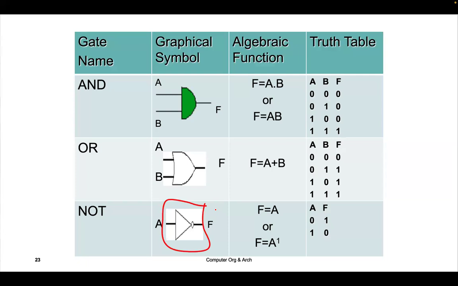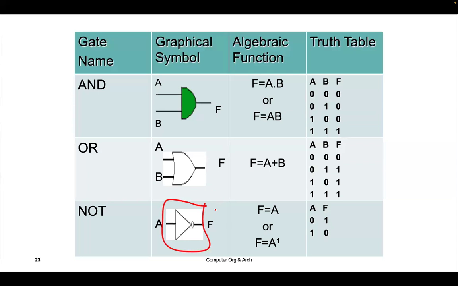And the NOT gate, some researchers and books also call it a logical inverter, because it has only one input, not multiple inputs, the way we have been dealing with input A and input B for us to get the output. In this case, we only have one input and the output.